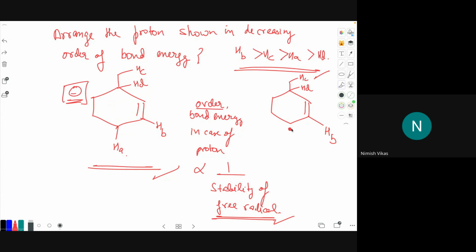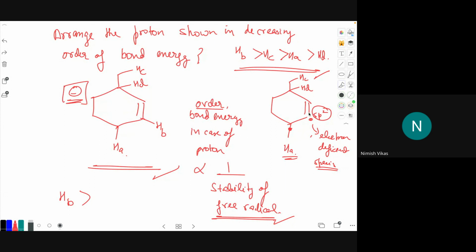Least stabilized will be HB, this one, because this is exactly on the double bond. So HB will come first because this will be an sp2 carbon radical, an electron deficient species. On sp2, it will withdraw more electron density. This will be very much unstable.